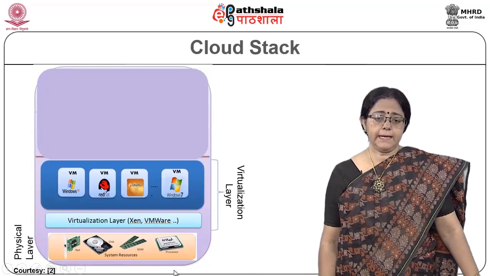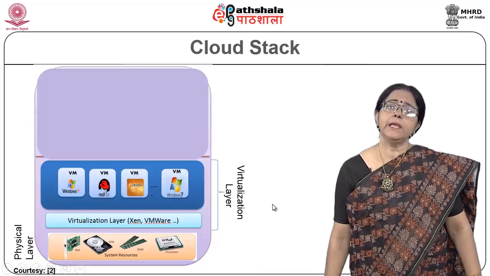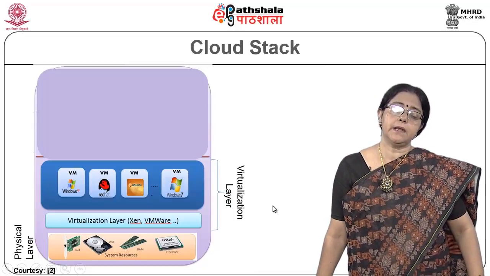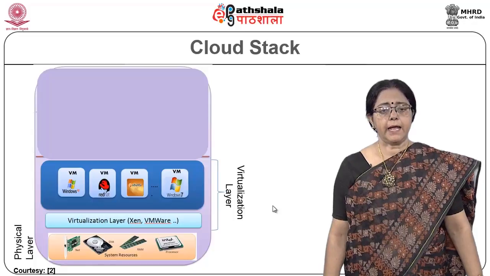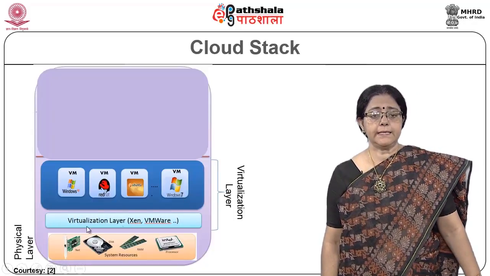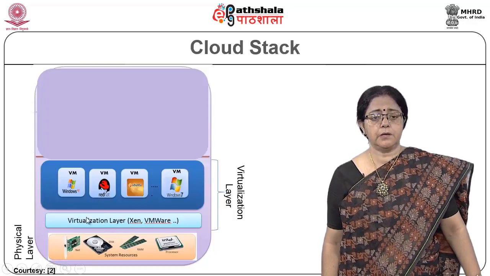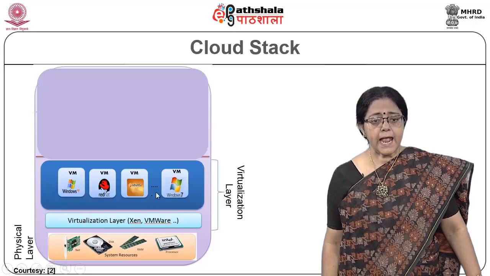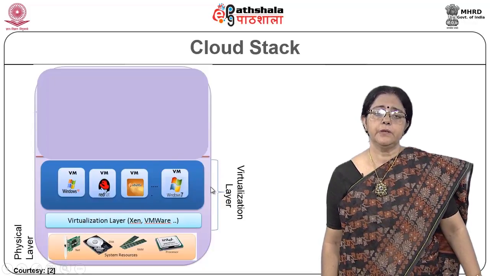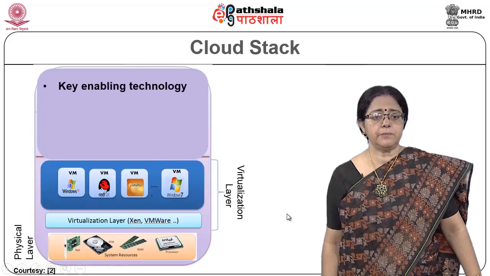The next layer in the cloud stack is the virtualization layer. We have studied virtualization in earlier modules extensively, and here we see its use in cloud: it sits on top of the hardware, and it has a set of virtual machines that are generated by it.